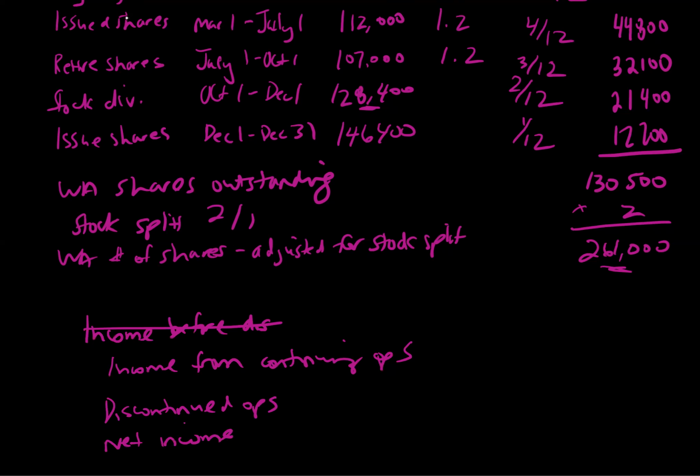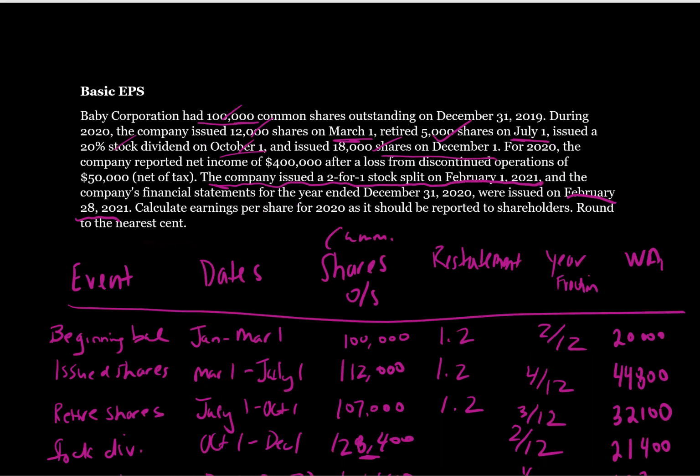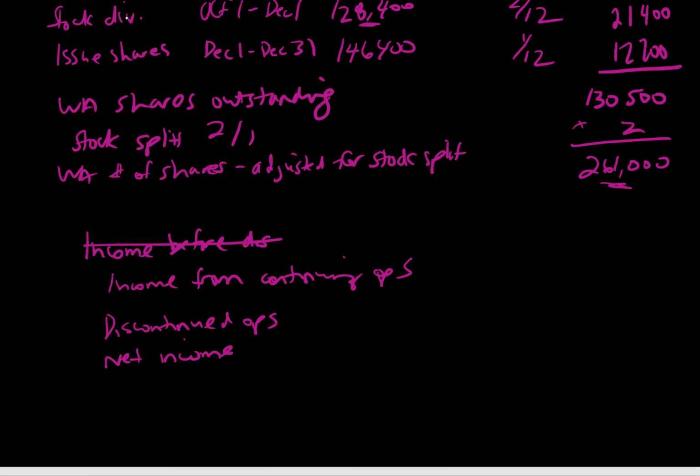So let's see what numbers we have from the question here. So we've got, okay, for 2020, the company reported net income of $400,000 after a loss from discontinued operations of $50,000. Okay, so we know that this number is $400,000, and we know this number is a loss of $50,000. So our income from continuing operations must be $450,000.